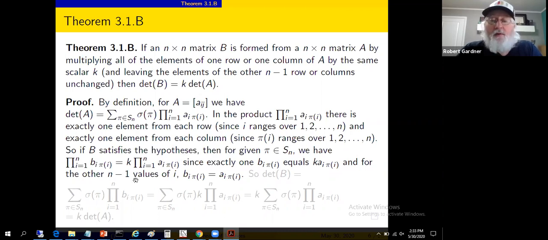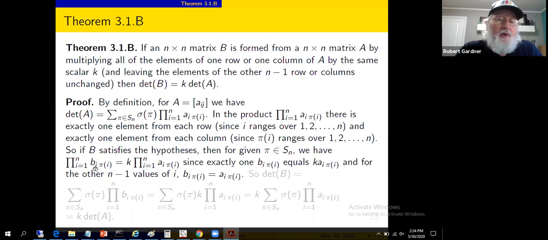All right, so the product from i equals 1 to n of B sub i, pi of i, is a product from i equals 1 to n of A sub i, pi of i. These are the same except one of them has picked up a factor of k. Which one? Well, if you multiplied row 3 of matrix A by k, then when you see A sub 3 something, that one picks up a factor of k.